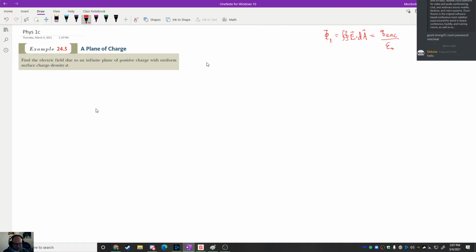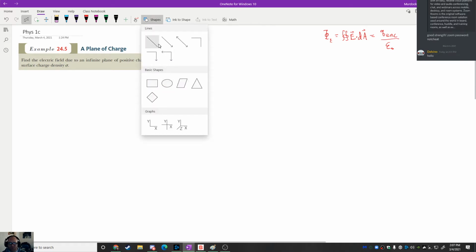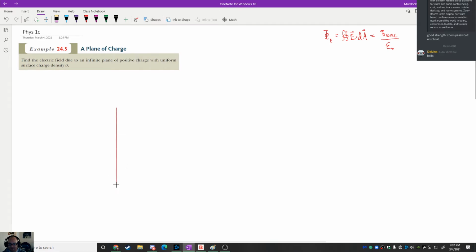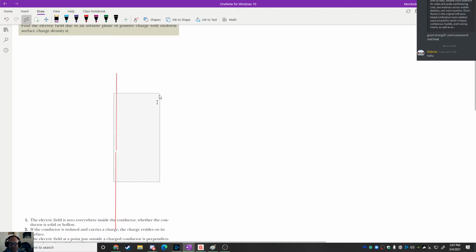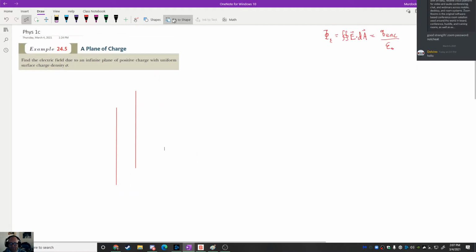So an infinite plane is something, I guess the way we'll look at this is we'll just draw a plane that we're looking at edge on. It'll look something like that. And this plane is going to go on forever, but I'll just draw a slice of it. So this plane is covered in positive charges.